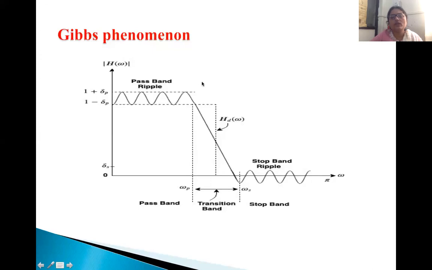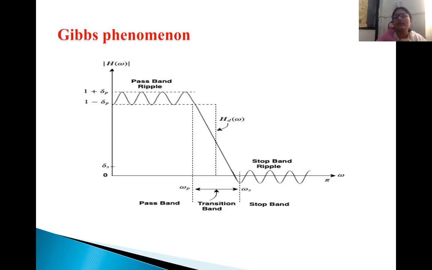When we cut a signal for a limited duration, let's say I have a rectangular pulse, and I cut it and take its frequency response, I find that there are oscillations in the pass band as well as oscillations in the stop band. This is a low pass filter. As I keep on increasing the number of samples, the oscillations keep on decreasing.